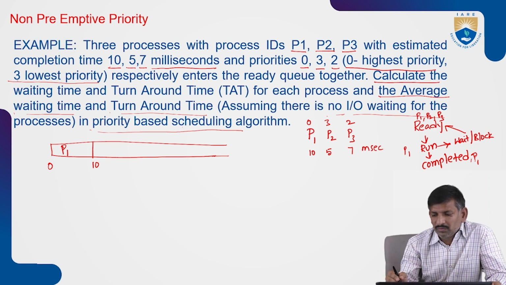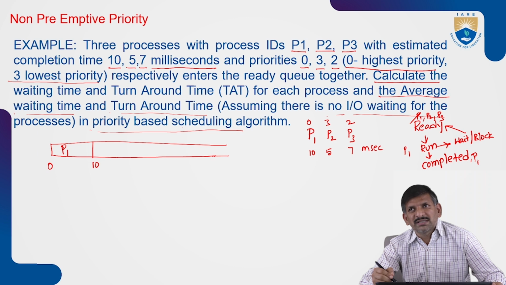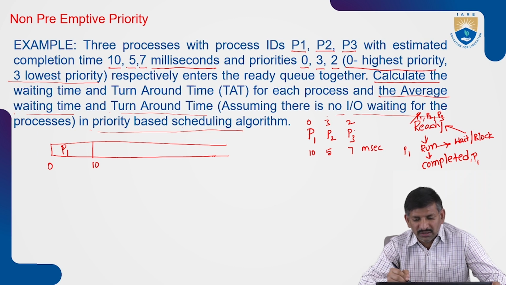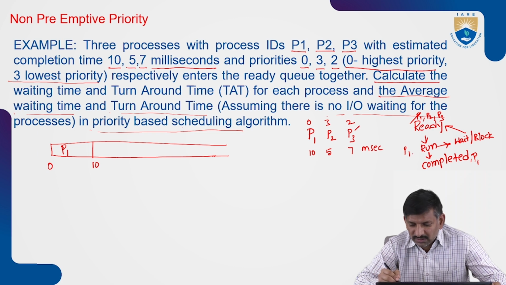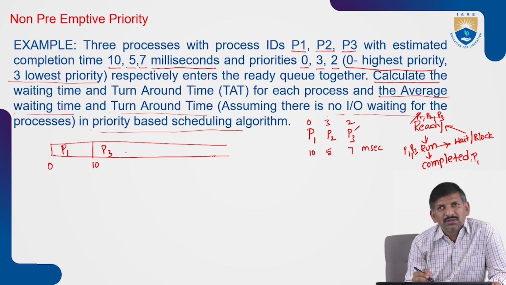Now P1 is completed. What are the remaining processes available in the ready state? P2 and P3. Among them, P3 has the highest priority, so P3 is scheduled for execution at the 10th millisecond.